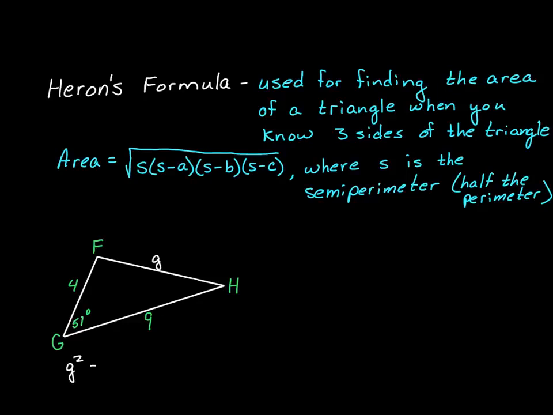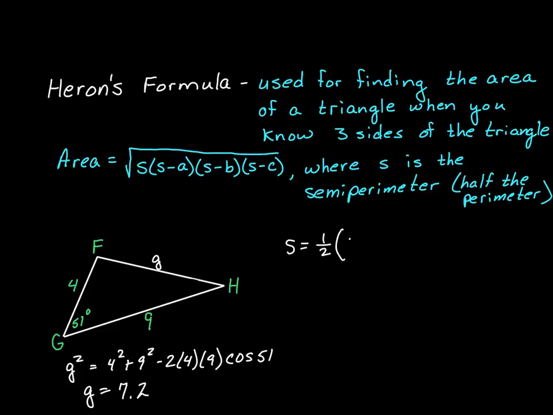G squared would equal 4 squared plus 9 squared minus 2 times 4 times 9 times the cosine of 51 degrees. And if you take the square root of all that, you're going to end up with g comes out to approximately 7.2.